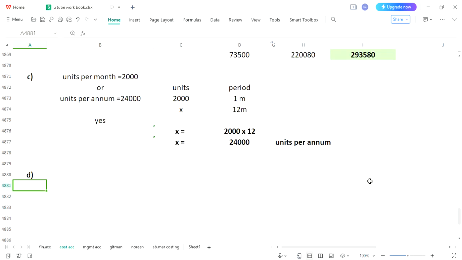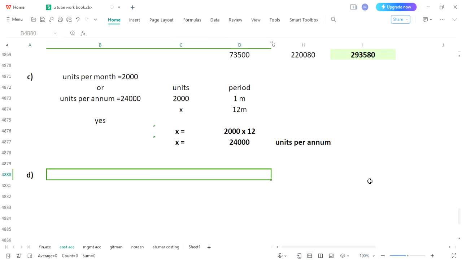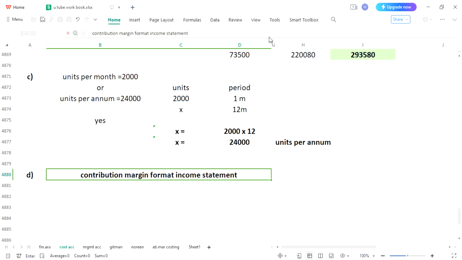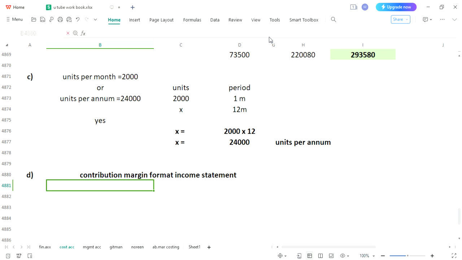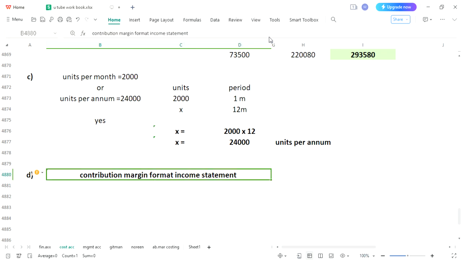For that you need to construct a contribution margin income statement, which we have already discussed. Contribution margin format income statement, under which you need to put three different factors. Let's extend it so that everything could be in the same way. You need three different factors.